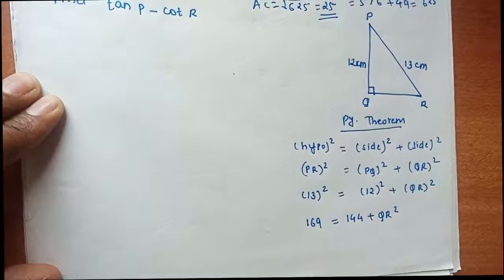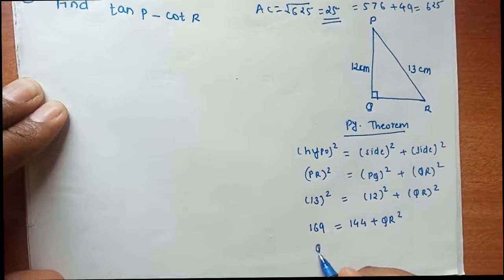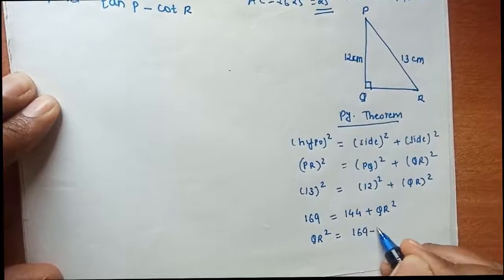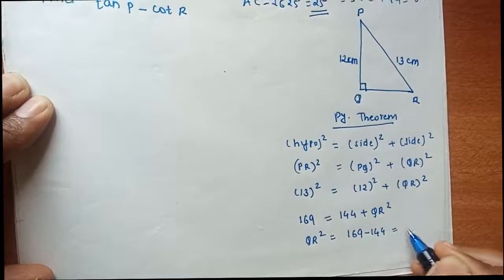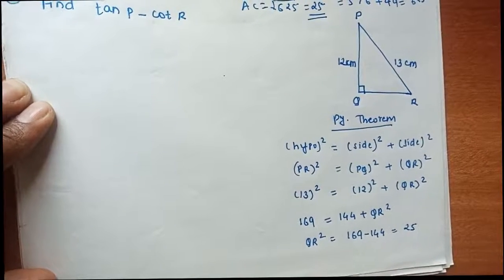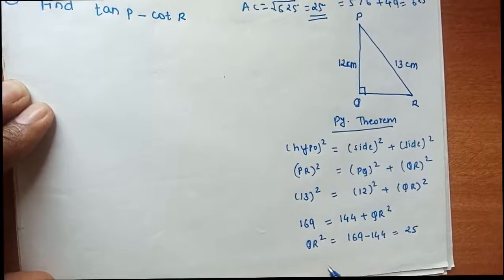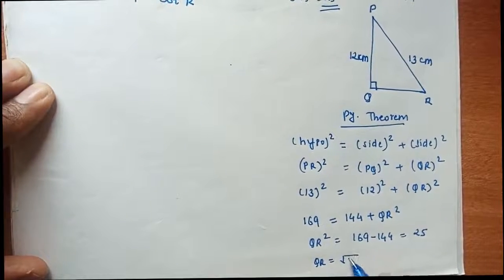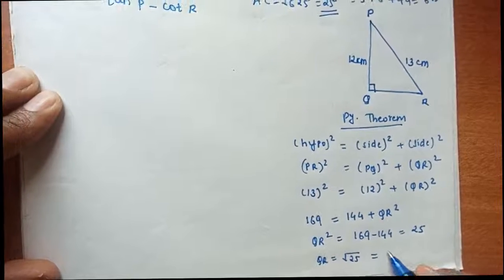Take this 144 to this side, so QR square is equal to 169 minus 144, that is equal to 25. So QR square is 25, I need QR. So QR is equal to square root of 25, and the square root of 25 is 5.